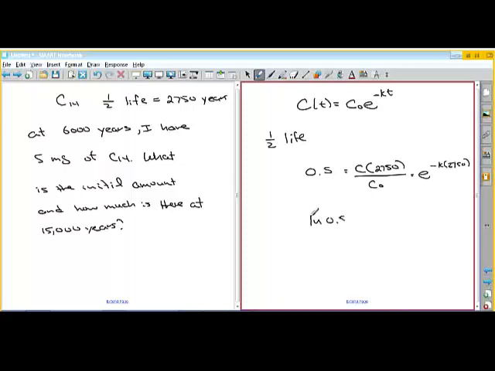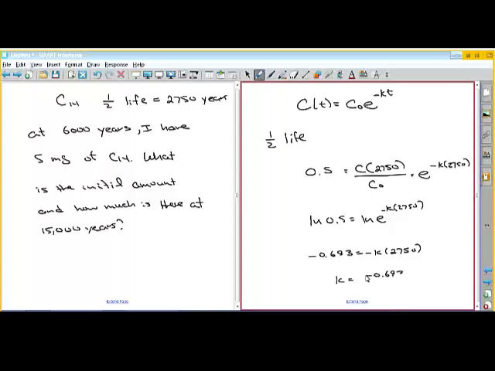So just like I did with the logistic growth problem, I take the natural log of both sides. The natural log of 0.5, I should know that by now, negative 0.693, yep. Negative 0.693 is equal to negative k times 2750.